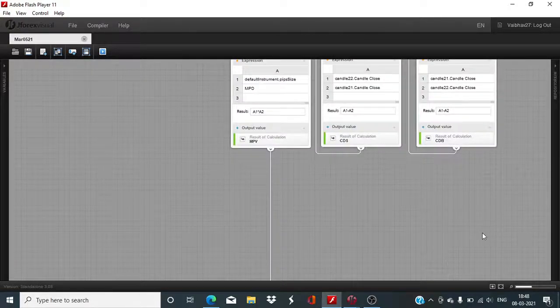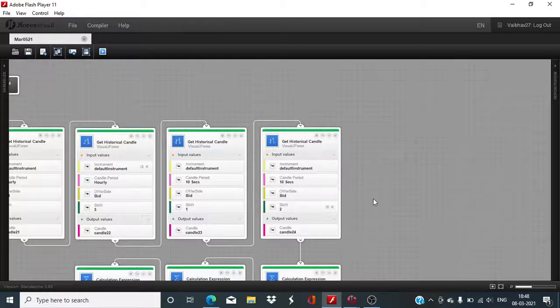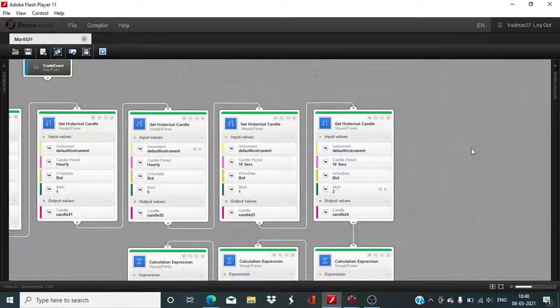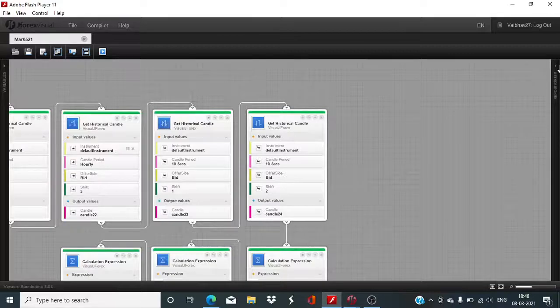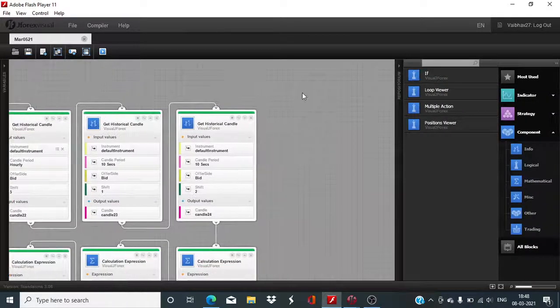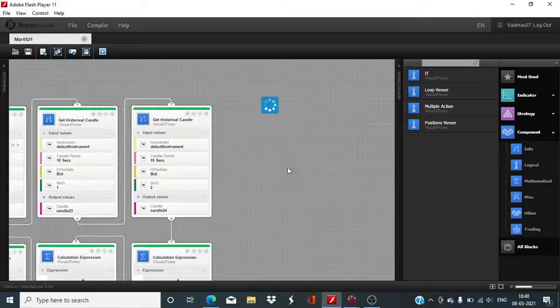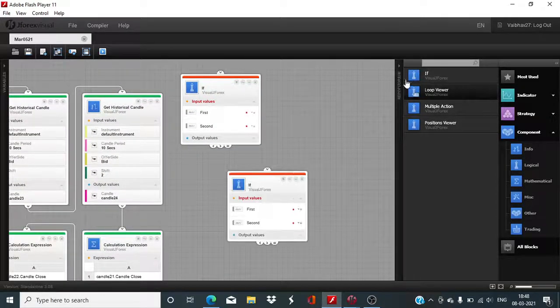Here, and to define the exact entry point, I will also compare these 10-second values with the hourly value, and for that we need two more if else blocks.